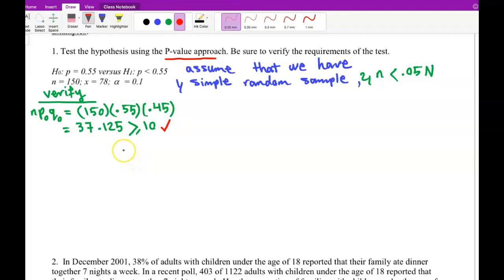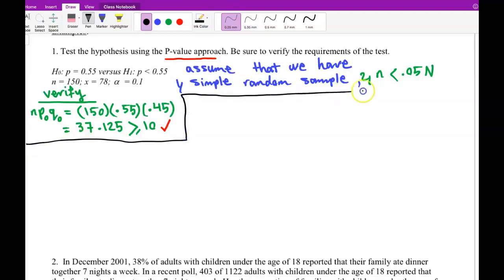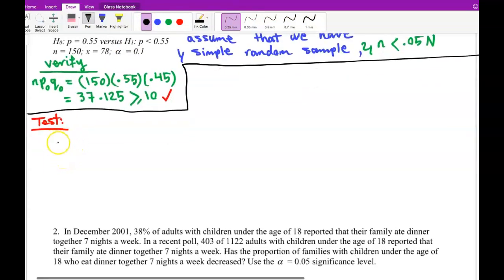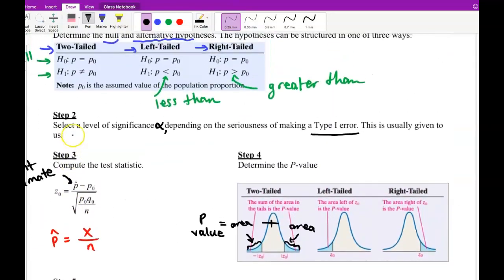Okay, the next step, test the hypothesis using the p-value. Let's go back and see what step 1 was.